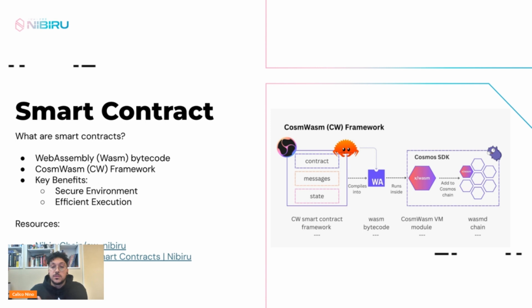For our case, it will be used to deploy smart contracts onto the chain. WebAssembly code can be generated from languages like C, C++, and Rust, which allows developers to write critical parts of their application in those languages, and then those get compiled into WASM for execution later on.